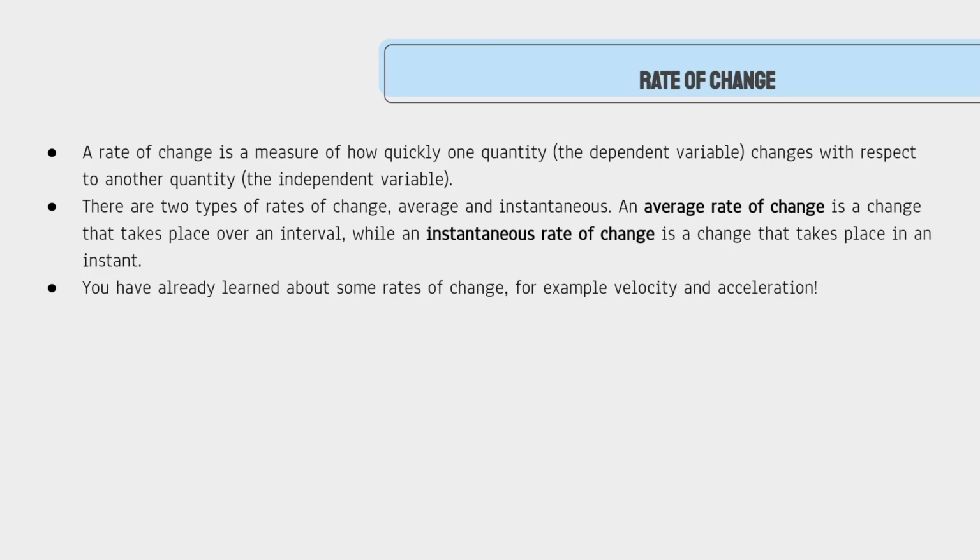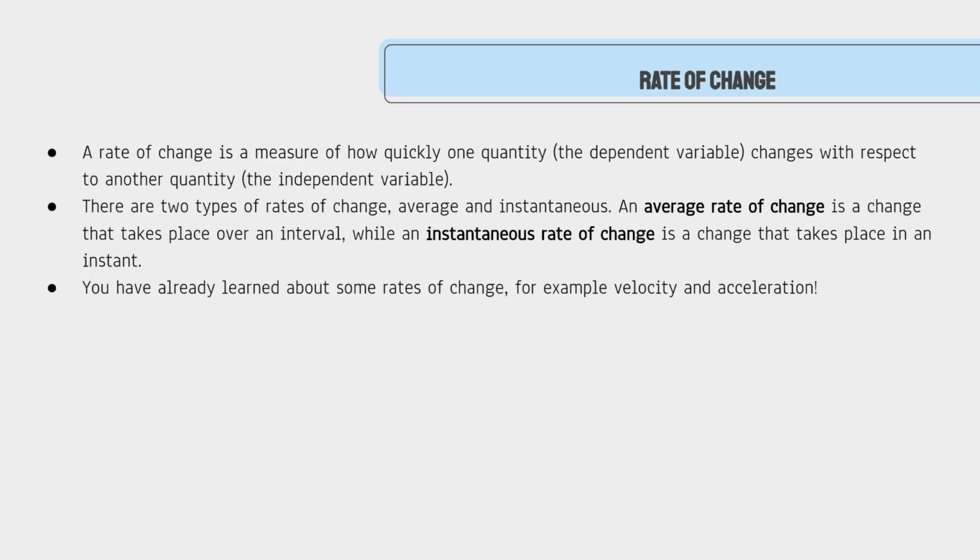So a rate of change is a measure of how quickly one quantity, which would be the dependent variable, changes with respect to another quantity, which would be the independent variable. There are two types of rate of change: average and instantaneous.